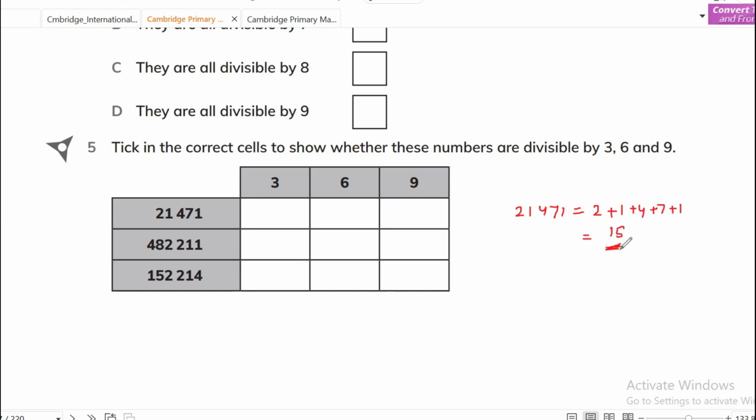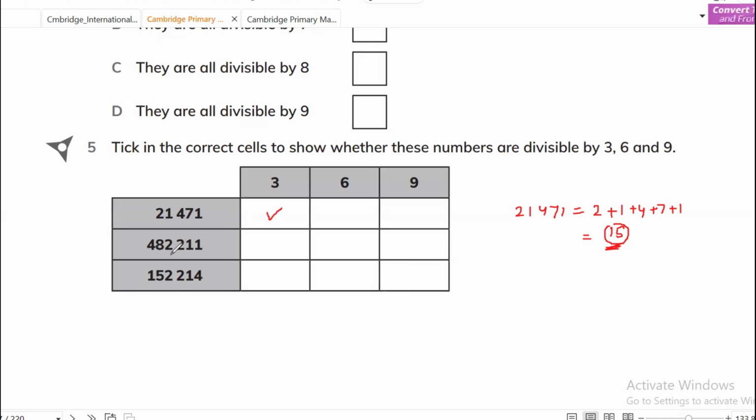So 15 is divisible by 3. It means yes, it is divisible by 3. But this number 21,471 does not end in an even number like 0, 2, 4, 6, 8, so it is not divisible by 6. And the sum of the digits is not divisible by 9. So it is only divisible by 3.